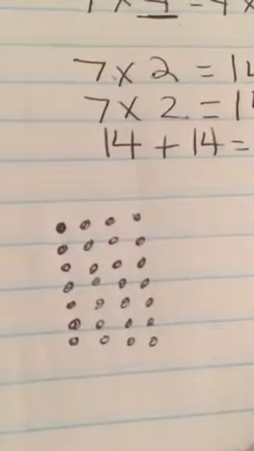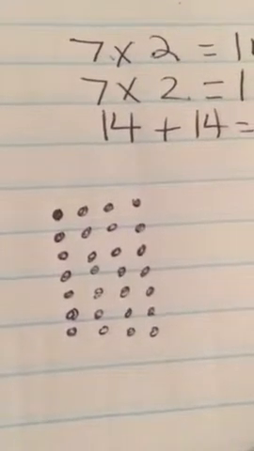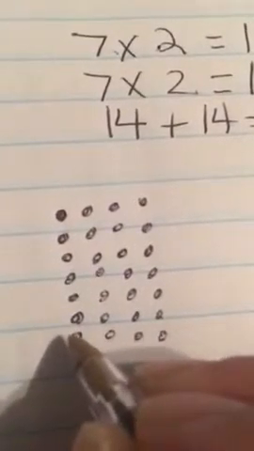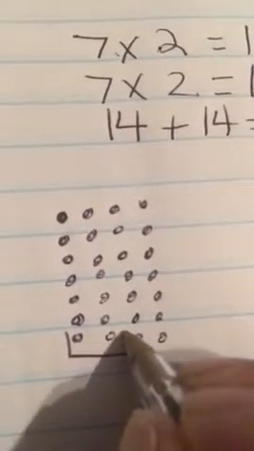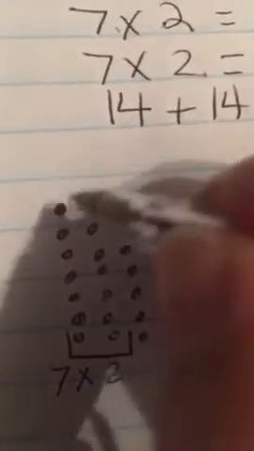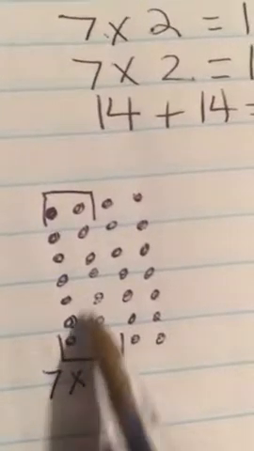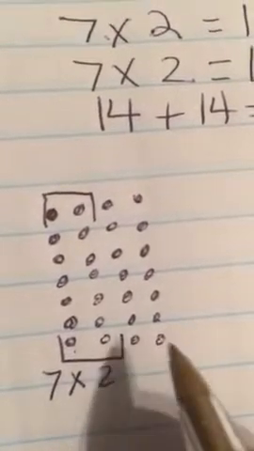So if I'm going to do the distributive practice that I was doing before, I could break my array up. If I have 7 times 2, I could just look at this part first, that would be 7 groups of 2.